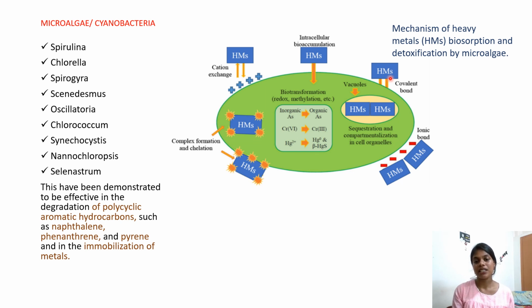Once they have entered the cell, two things can happen to the heavy metals. Either biotransformation will happen by redox or by methylation, where these inorganic heavy metals turn into organic heavy metals, or they will be internalized. In the vacuole these heavy metals undergo sequestration and compartmentalization, and they will be immobilized in the cell itself.